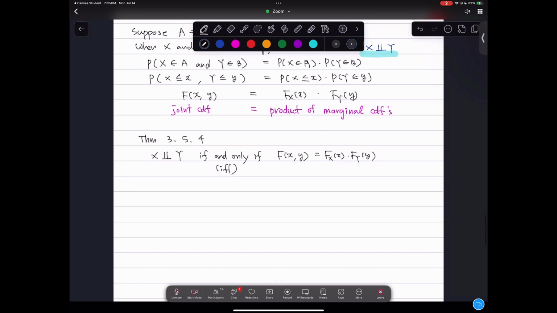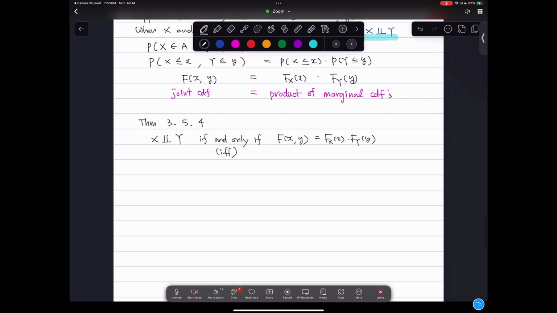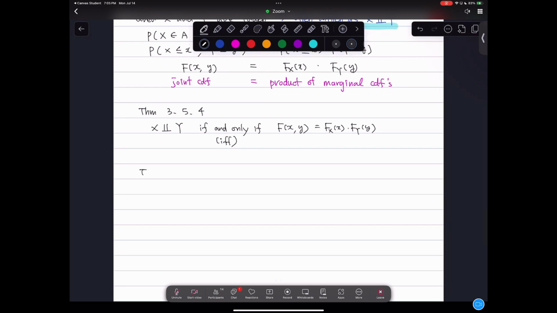So that's one of the theorems, which is okay, but we have a much better theorem, which is theorem 3.5.5. So what it says, how do I identify something that is independent? This is how.